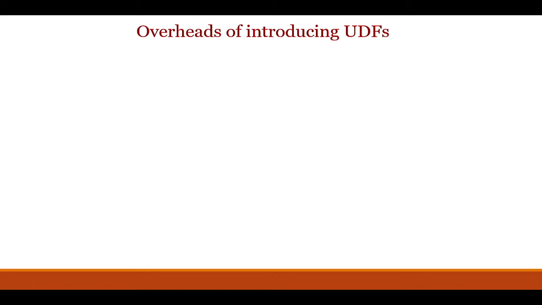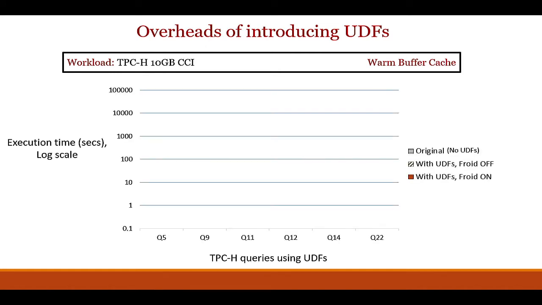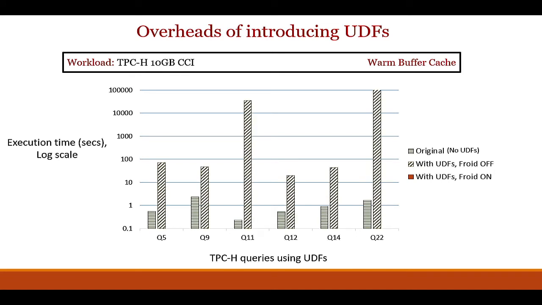So this graph is on TPCH, and it shows the overheads of introducing UDFs and how we fix it. On the x-axis I have some queries, and the y-axis shows the execution time. First I'm showing this bar, which is the original TPCH query, which has no UDFs in them. Then this is our modularized TPCH, where we introduced some small UDFs, and you can see how the performance nosedives, just because we have expressed some of the same logic using UDFs.